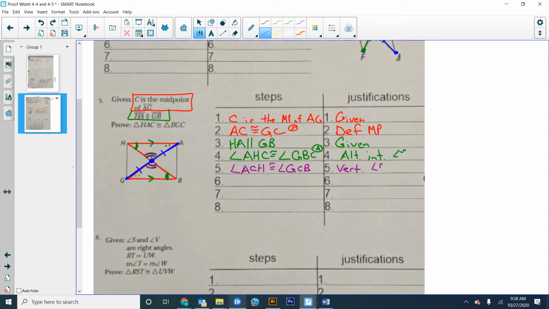And now I have angle, angle, side as well. So triangle HAC congruent to triangle BGC by angle, angle, side. This was our last pair of angles.